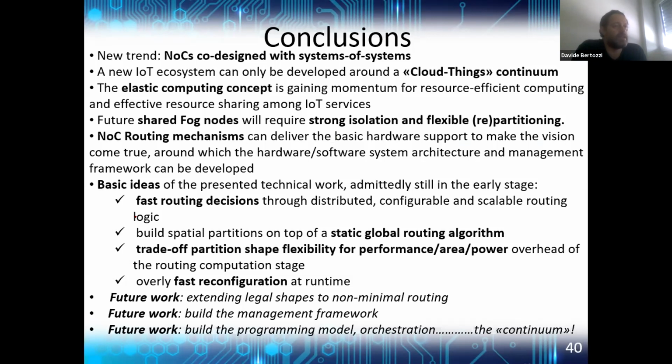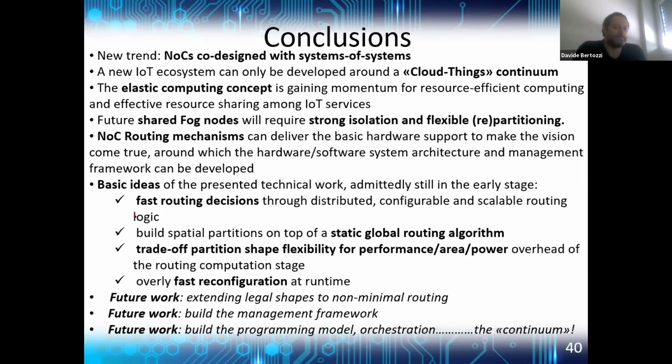There is today simply a compute hierarchy, but not a true functional cloud things continuum. A way to put all the things together in future cloud things continuum solutions is to revolve around elastic computing. And this poses new design requirements on shared computing nodes that are shared among different IoT services, where you have to implement strong isolation and flexible repartitioning of compute and memory partitions.